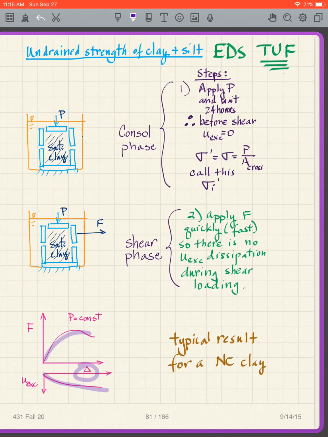I have delta, the amount of deformation of our sample, as the x-axis for both of these, and there is a match between them. So these line up here. So when I get an F at the peak, there's my U excess. That is a typical result for a normally consolidated type clay.